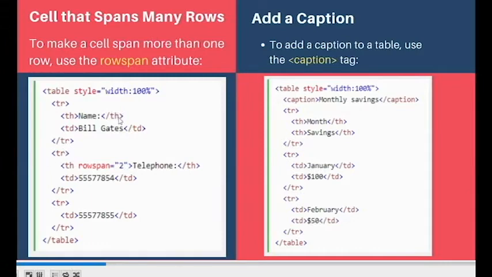To make a cell span more than one row, use the rowspan attribute. So earlier we used the colspan, now we focus on the rowspan. Here we have the table and 3 tr. Let's try this one.